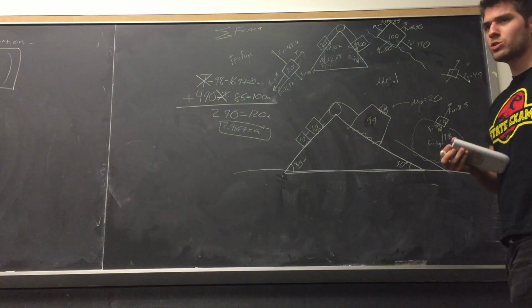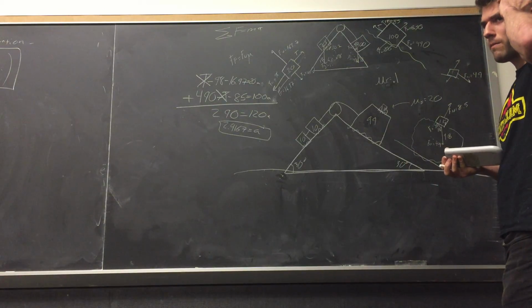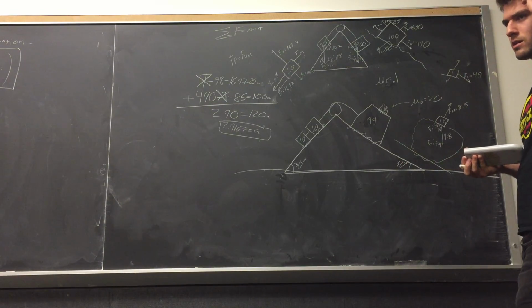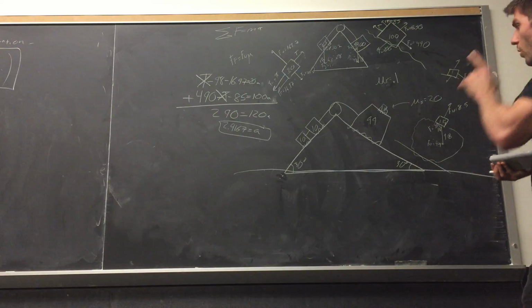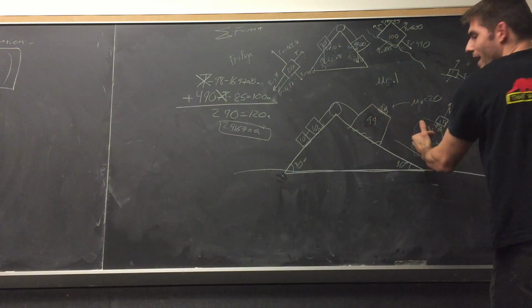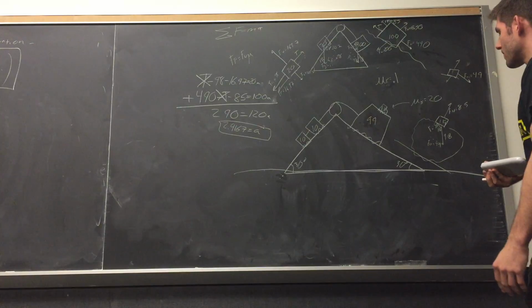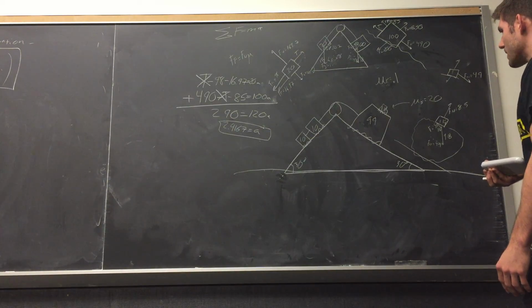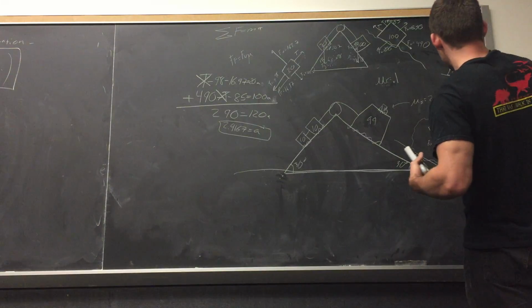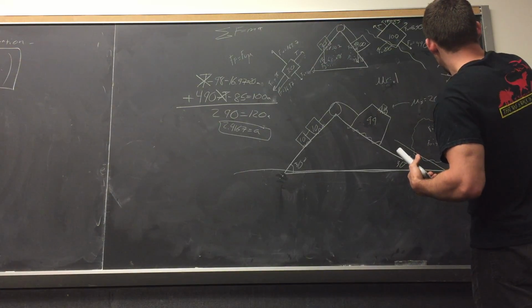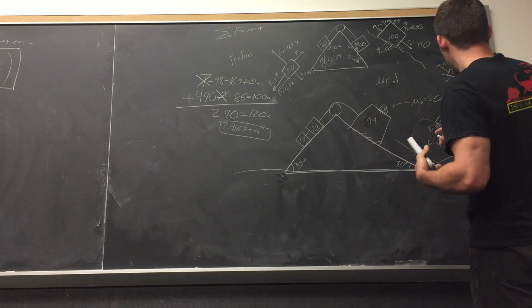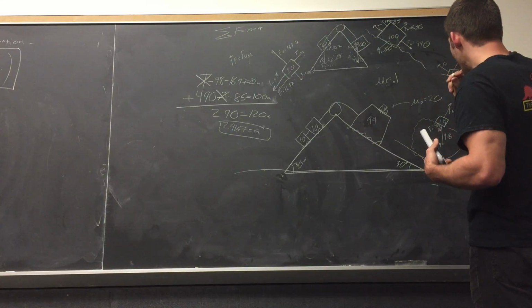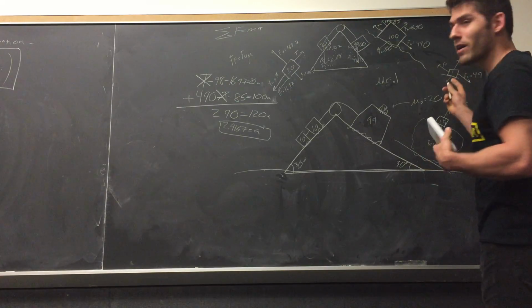So question to you guys, which direction does force friction have to act? It's going up, right? Because otherwise it would just slide right down off of the box. So force friction has to go up. And we can calculate force friction.